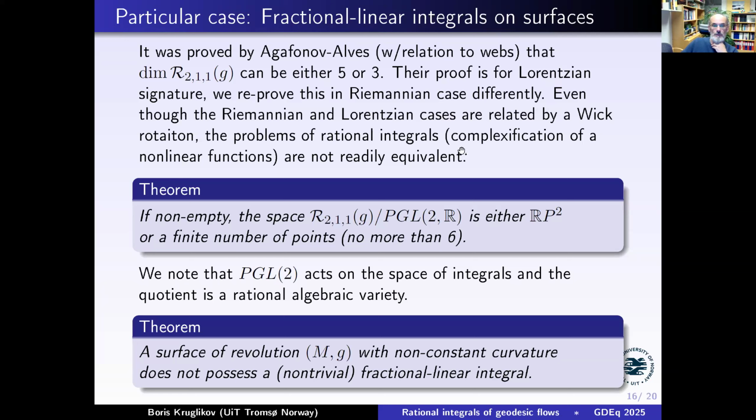Yes. So here's the theorem. The same story, 5 or 3, if non-empty, but actually there's a group acting on this, PGL2. Because what do we talk about? We talk about a linear expression over a linear expression. So a function of type P1 plus a function of type P2 in the numerator over a function of type P1 plus a function of type P2 in the denominator.